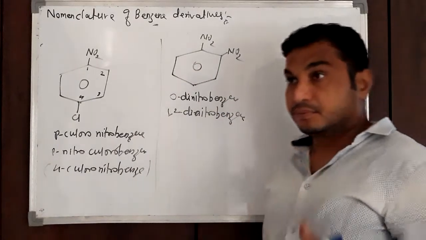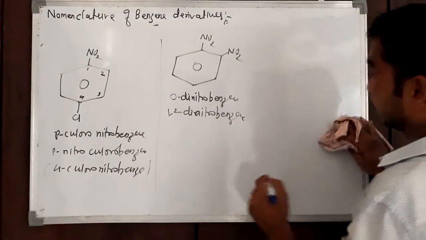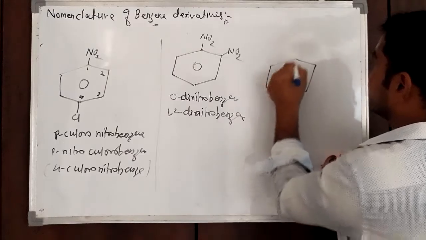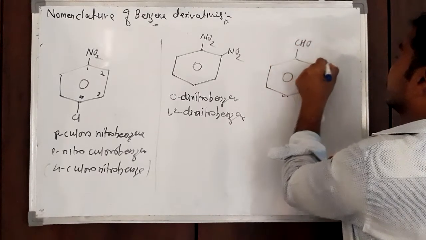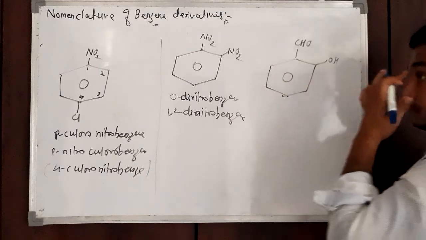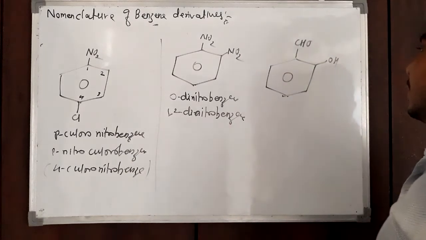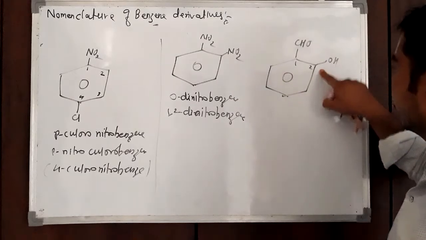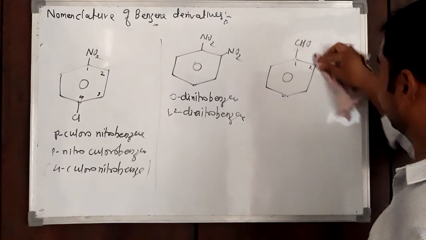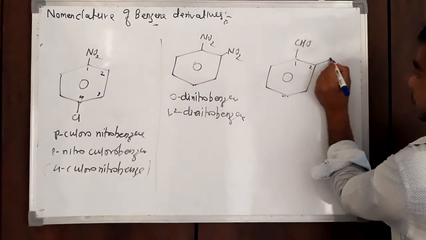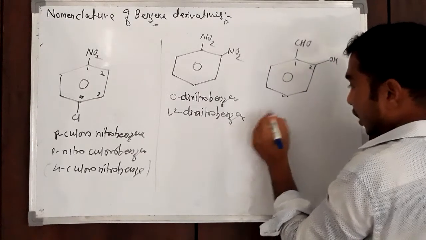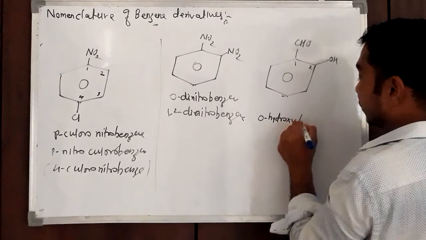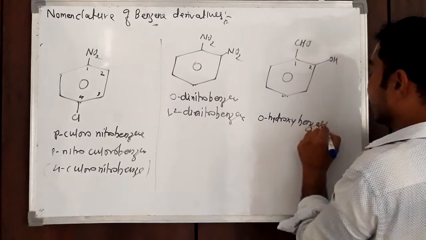Similarly, what is the name for this compound? 1 2 O hydroxy benzaldehyde. Actually, this is benzaldehyde, and we have added OH group at ortho position. So 2 or O hydroxybenzaldehyde.